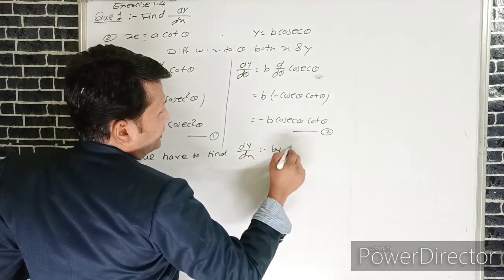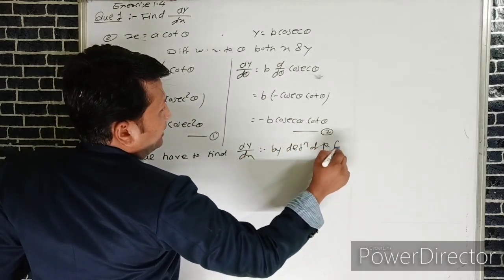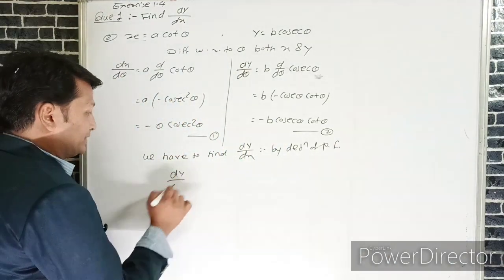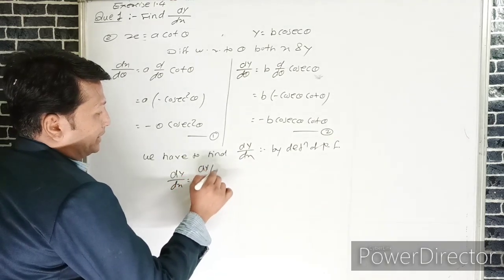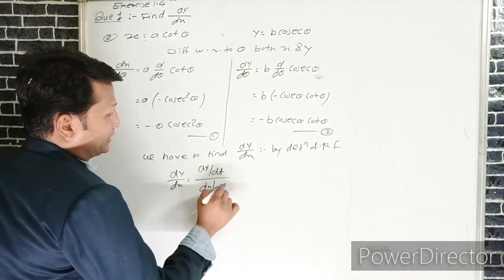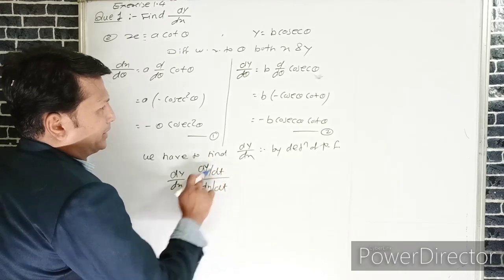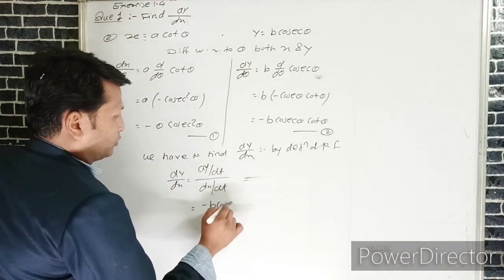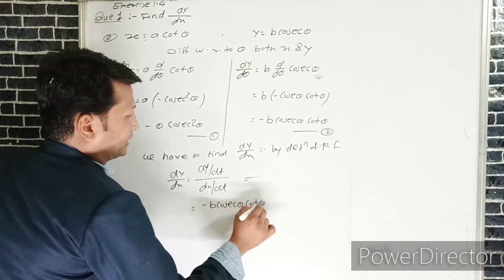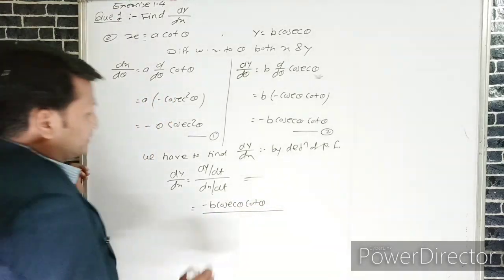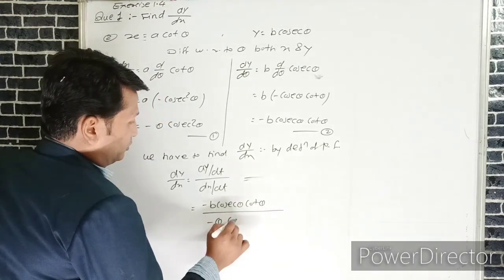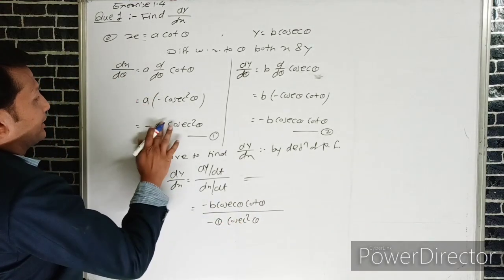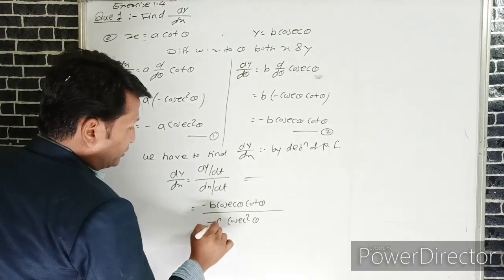Therefore, by the definition of parametric function, PF means parametric function, dy upon dx is equal to dy by d theta upon dx by d theta. We can write the value of dy by d theta by equation 2, which is minus b cosec theta into cot theta upon dx by d theta, which is minus a into cosec square theta.